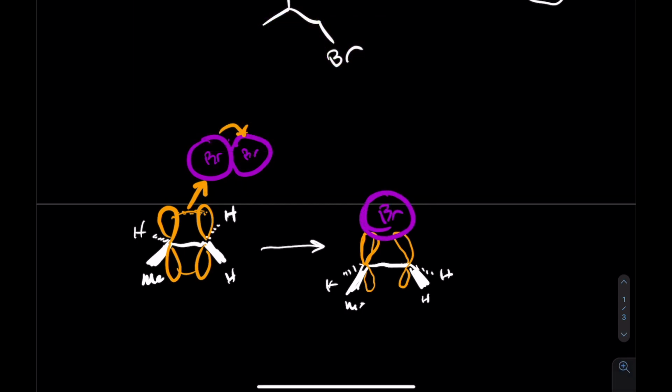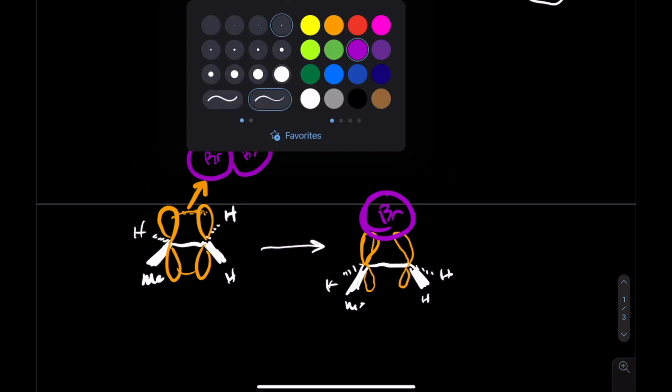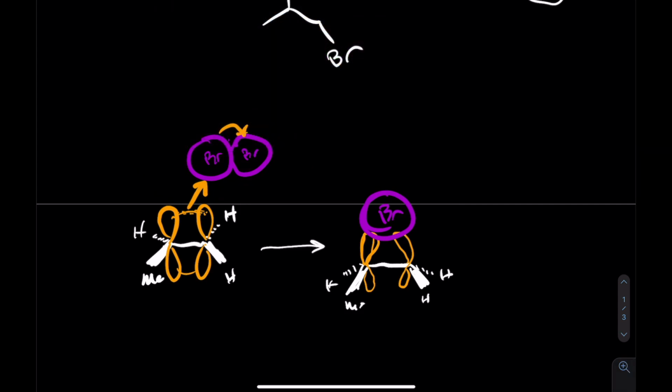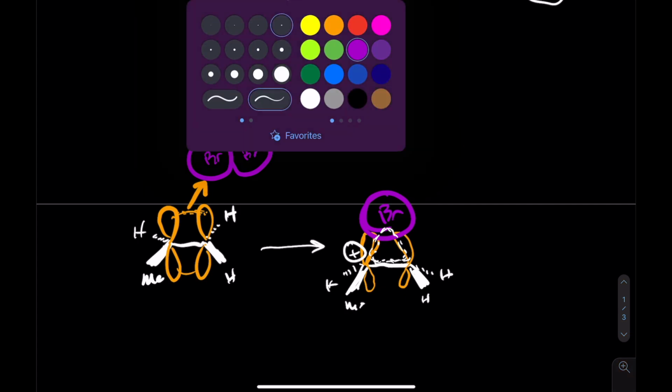And this whole thing is sort of confused. There's a positive charge, more or less, on that carbon. That's mostly where the positive charge is, but the positive charge is sort of distributed in this little triangle right here in real life. There's just a lack of electrons in that area and a formal positive charge. And then you've got another bromide over here.